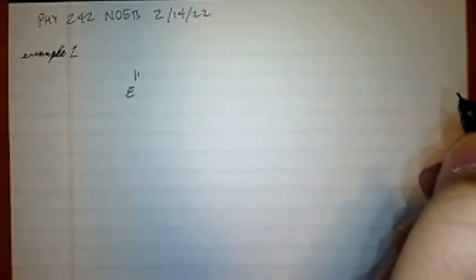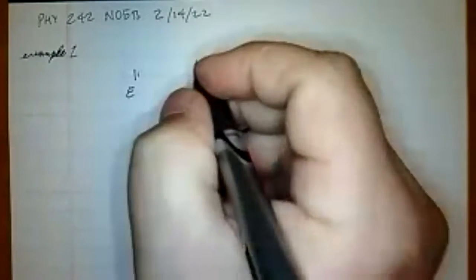I wisely chose, notice I'm using that script E. That's what we use for EMF. I'm saying that's the ideal battery voltage, which is 12.0 volts. And then right next to it, I put a very small resistance R, which is 1.0 ohms. That's the internal resistance. I'll draw a little dotted line figure around here to make more sense of this.